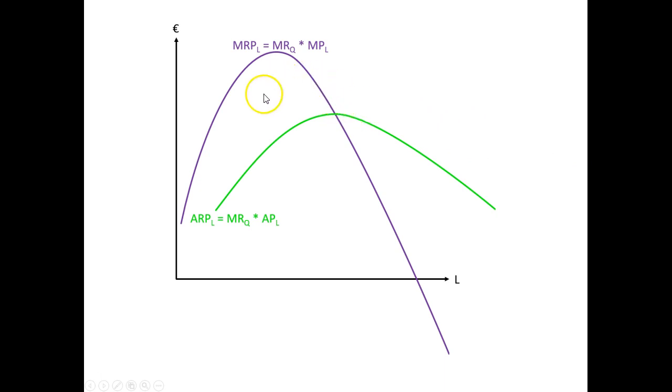So therefore, it's quite easy to understand as to get this one, the green one, the average revenue product, to increase, then the marginal value has to be higher for each labor unit. And to get this one to decrease, we have to add marginals that is less than the average, so therefore we have to have a marginal that is below the average revenue product.